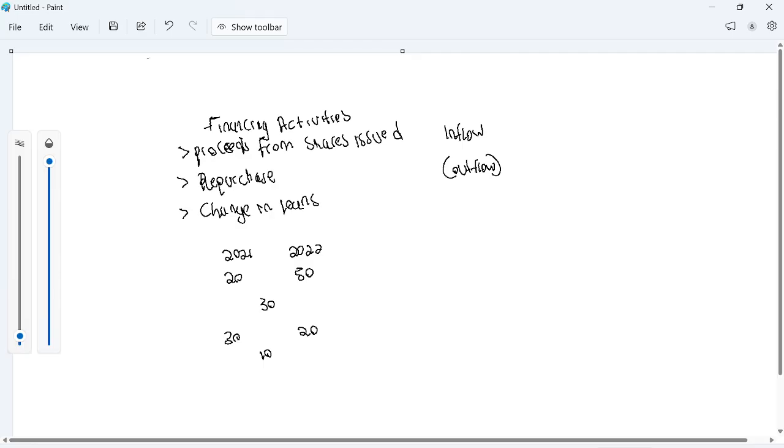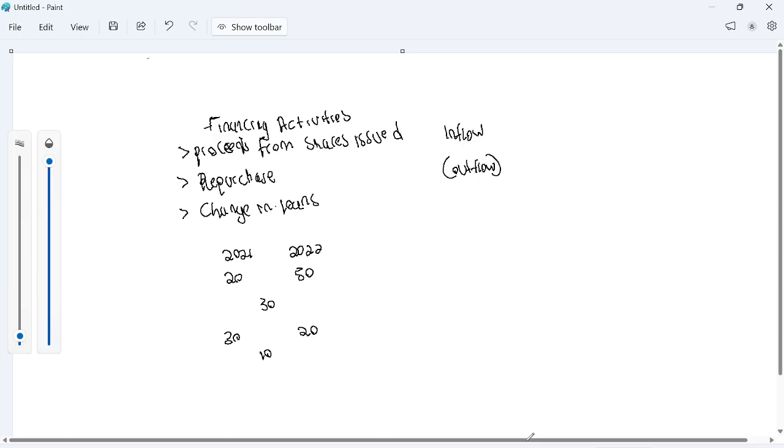Calculating proceeds from shares issued and repurchases will be a lot of work, but if you know how to interpret changes in loans and changes in fixed deposits, make sure you get those correct, because you're going to need those marks.